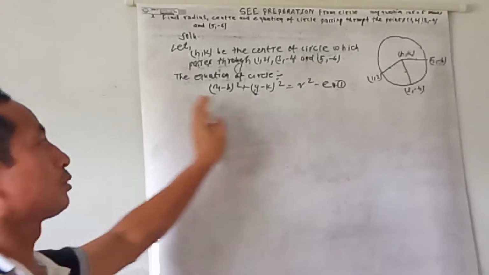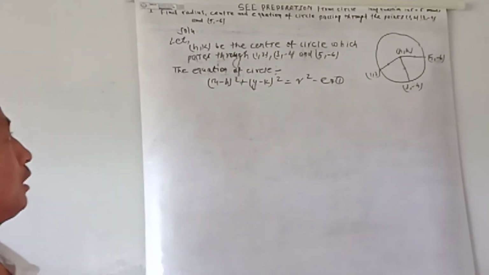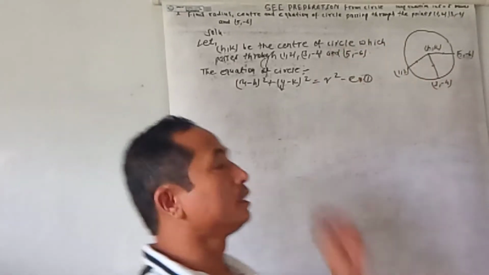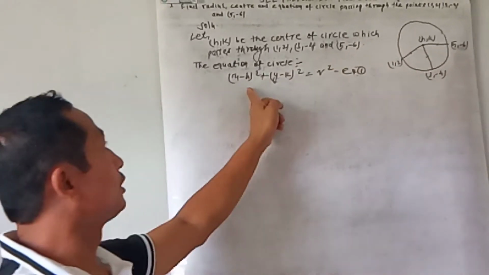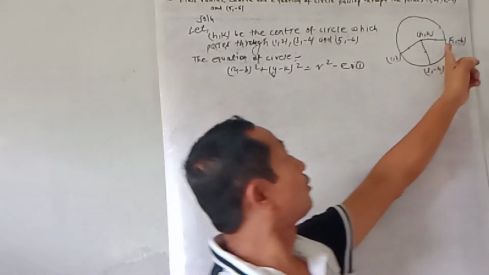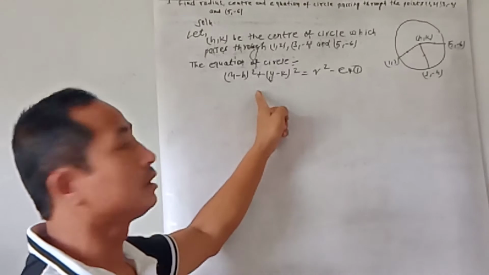This is the equation of the circle. Since the circle passes through these points, (1, 2) lies in this equation, (3, -4) also lies in this equation, and (5, -6) also lies in this equation.